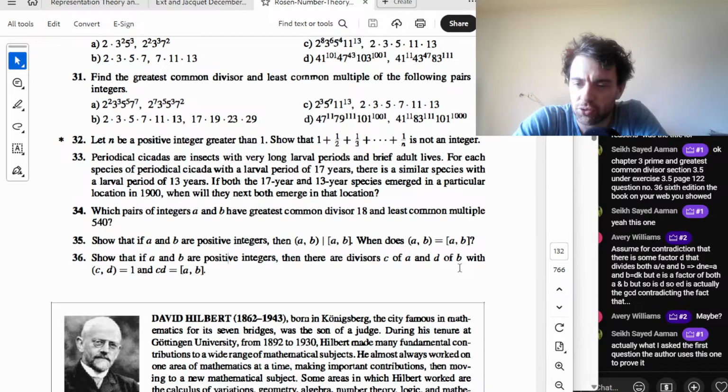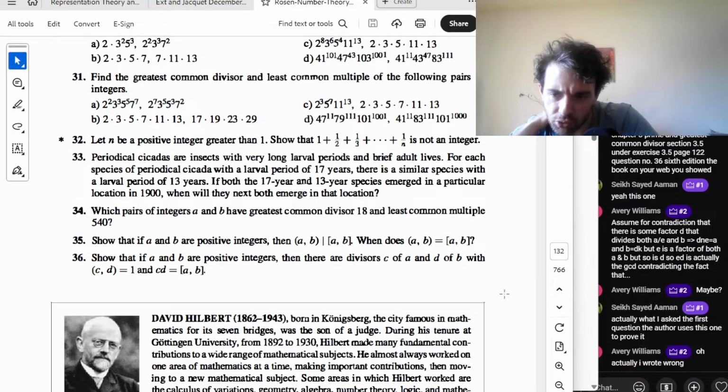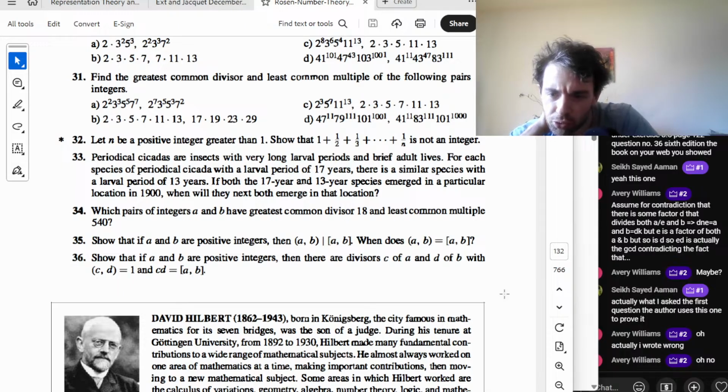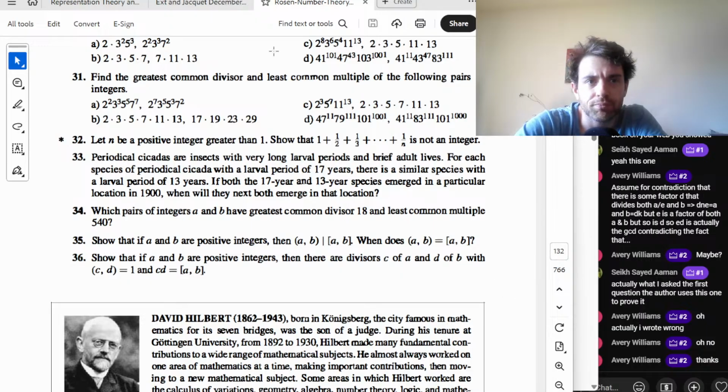Actually, what you asked in the first question, the author uses this one to prove it. So can you explain what you mean by that? What do you mean the author uses this one to prove it? Like, there's a solution to this somewhere? Where are you saying that the author uses that to prove it? Where is that?